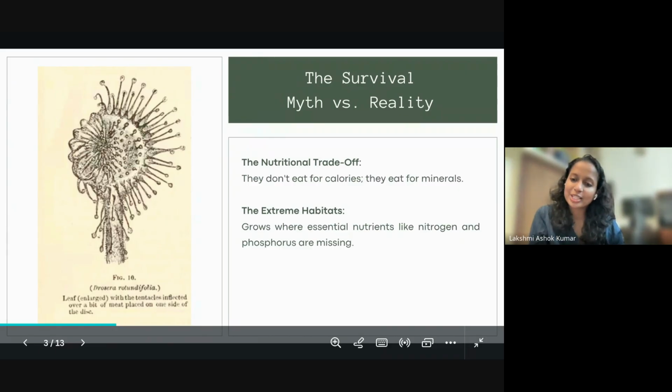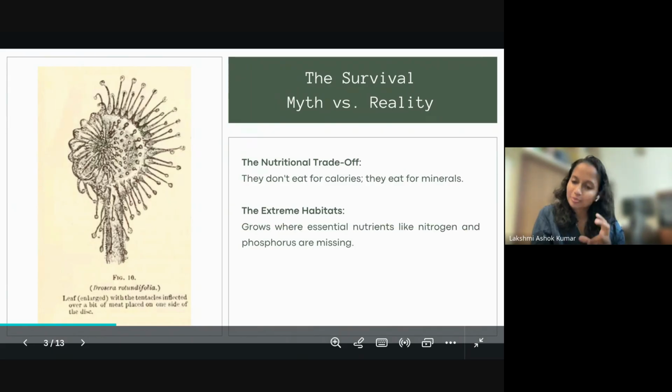Like any other plant, any plant that you see around the world survives by producing food from photosynthesis. Even carnivorous plants survive doing the same. But the extra health benefit that they get from insects is that they get easy minerals like nitrogen and phosphorus.